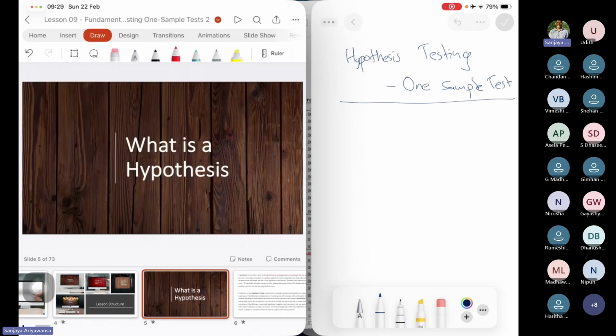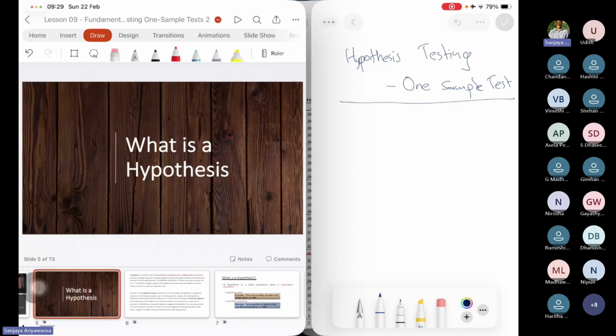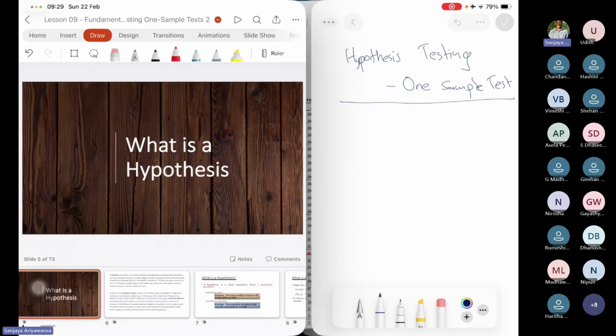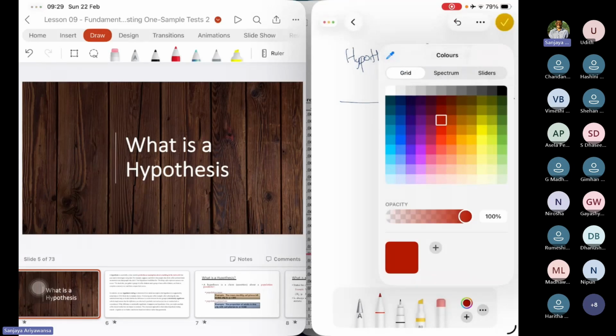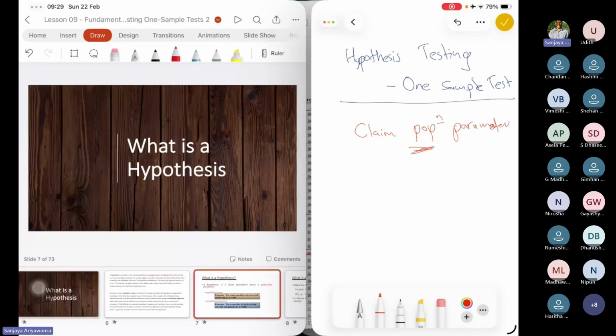So the concept of confidence interval and the concept of sampling distributions, all of that is used in hypothesis testing. When we talk about what is a hypothesis test, the most important thing to remember is that a hypothesis test is a claim that one makes. It's a claim made on a population parameter. That is very, very important to keep in mind.